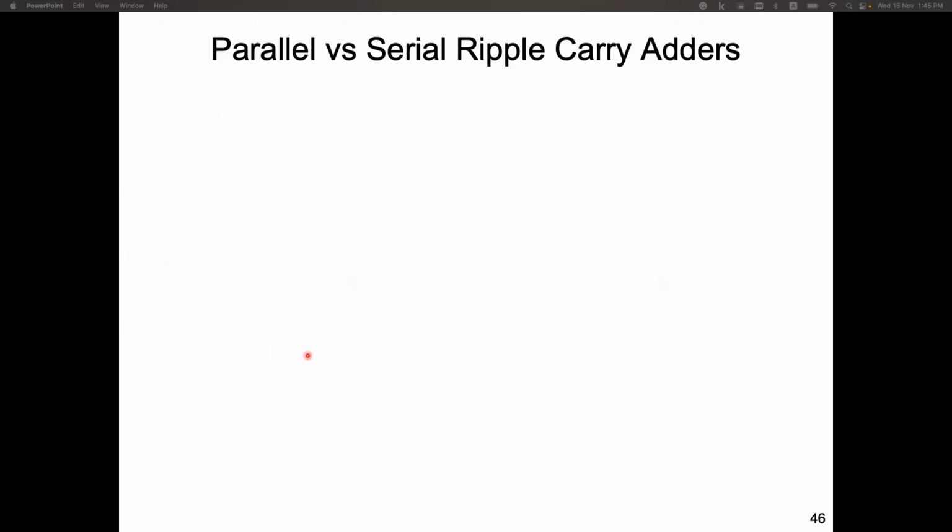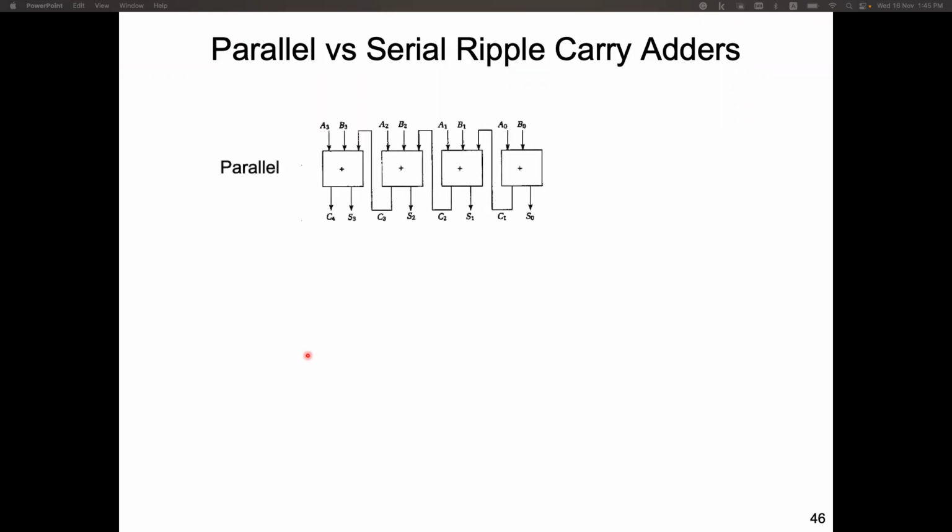For the parallel and serial here, let me use this simple example to illustrate. The ripple carry adder, the normal one we've seen before, is parallel because we have a 1 bit full adder for all the positions.